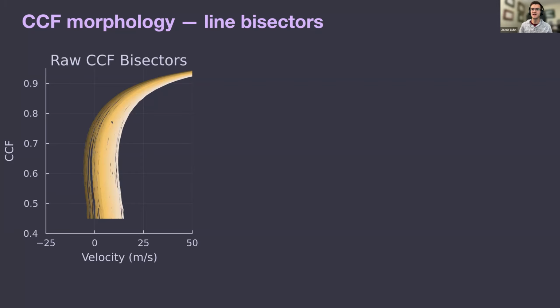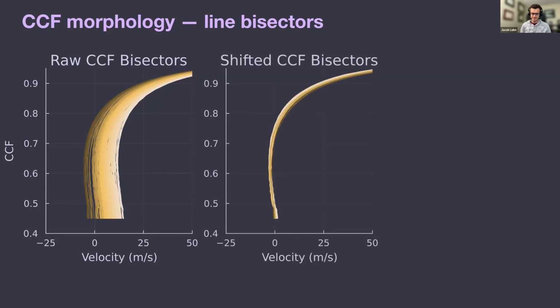And in fact, there is a trend, and it's difficult to see here, but that trend that we're seeing is mostly explainable by a pure Doppler shift. So when we subtract out the median for all of these bisectors, we get a much tighter relation between them, indicating that there's not a whole lot of variability in the bisector itself.